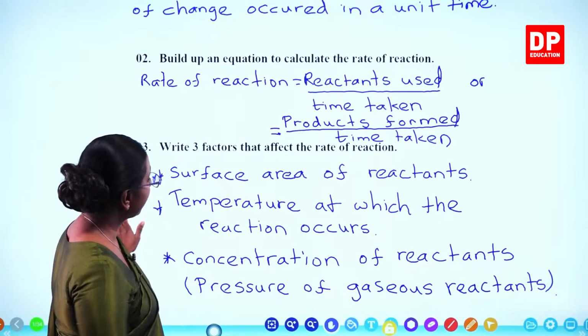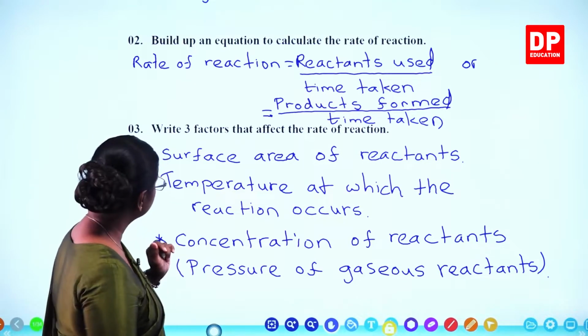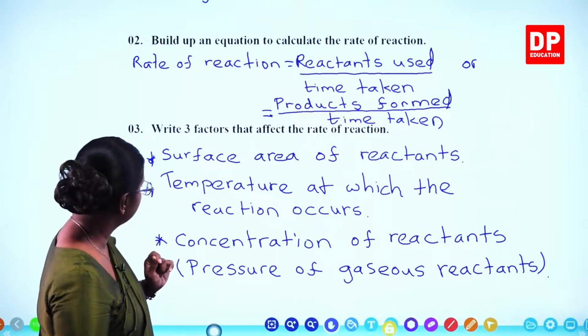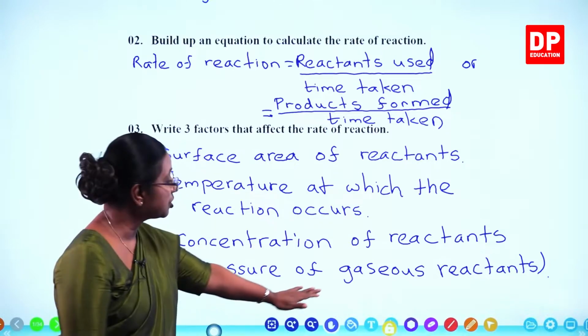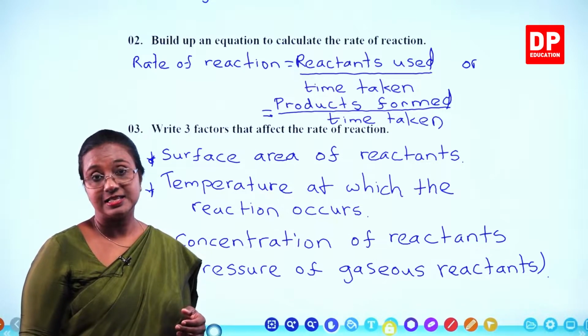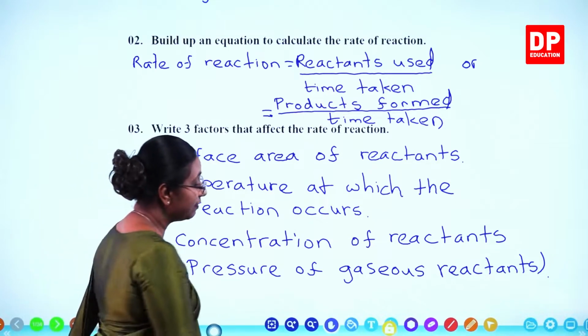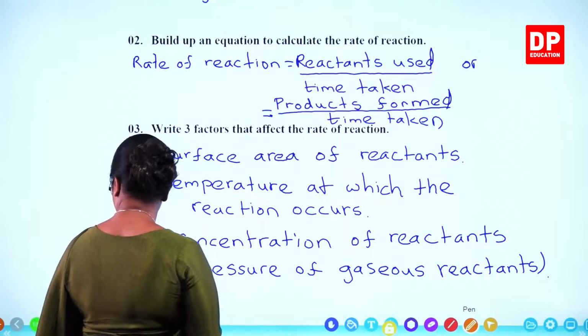Then write 3 factors that affect the rate of reaction: surface area of reactants, temperature at which the reaction occurs, then concentration of reactants, that is pressure of gaseous reactants, and also you can write catalyst. So you can write any 3 factors. So with that, students, we'll move on to the next question.